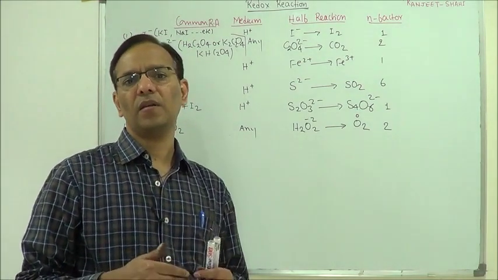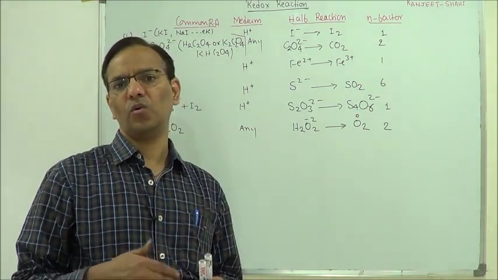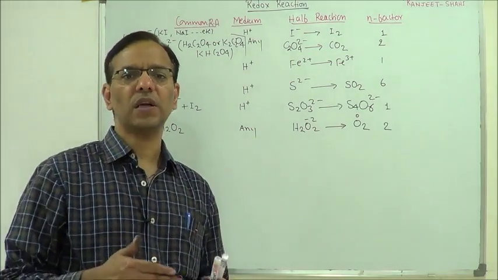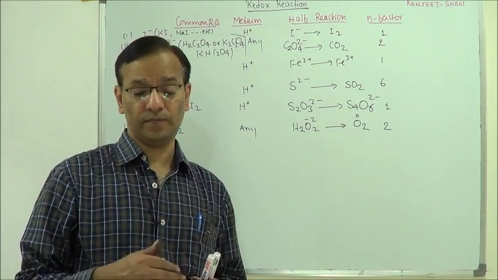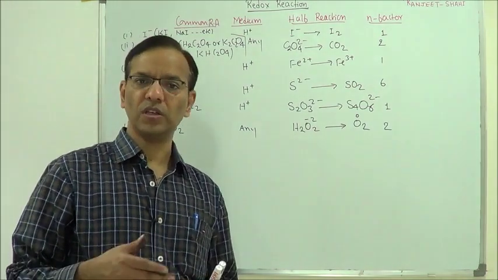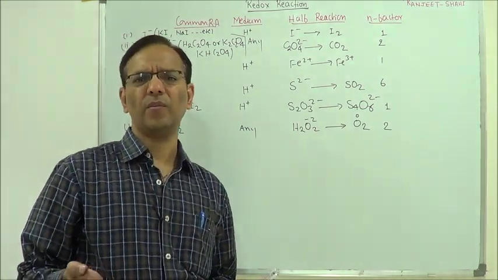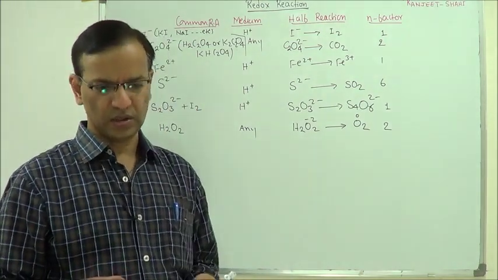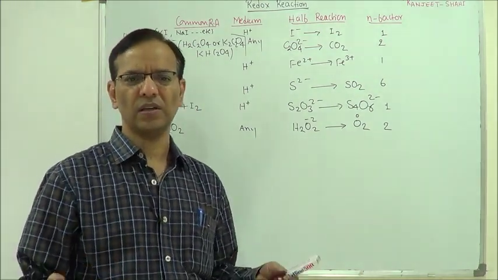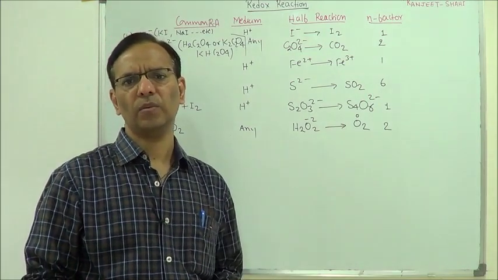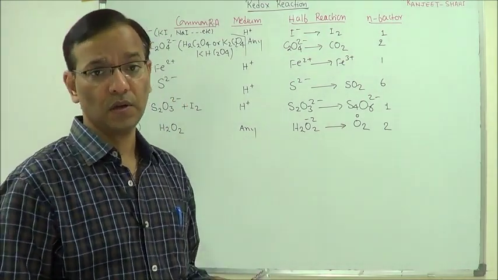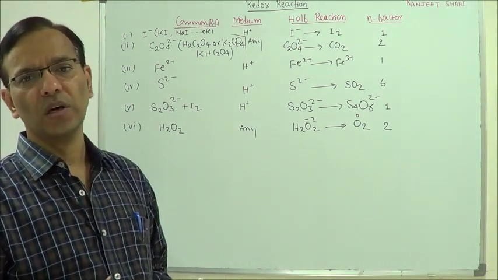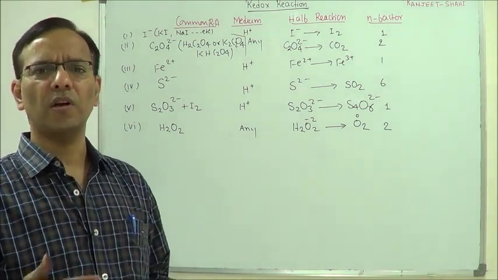The next step is to define a new concentration unit, normality. In mole concept, we have learned different types of concentration units: molarity, molality, and mole fraction, several concentration units. Today we are going to define a new concentration unit which is mainly used in redox reaction.